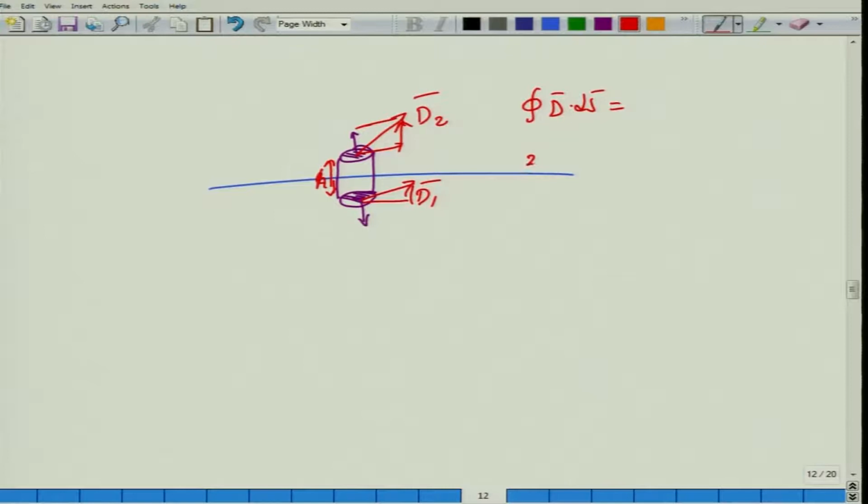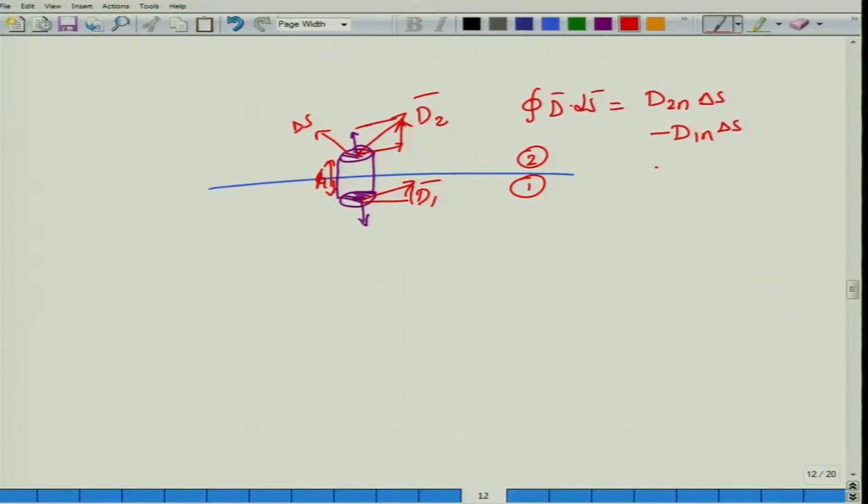The integral of D dot dS over the closed surface, applied over these two regions, where this is medium 2 and this is medium 1, gives the normal component of the D field in the second medium, D2n, multiplied by delta s, where delta s is the area of this particular closed surface. If you go into region 1, the direction of the surface element becomes negative, so you get minus D1n delta s.